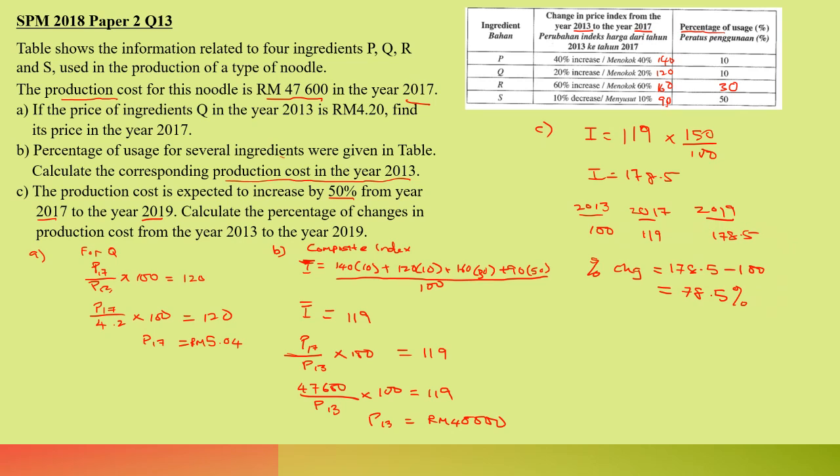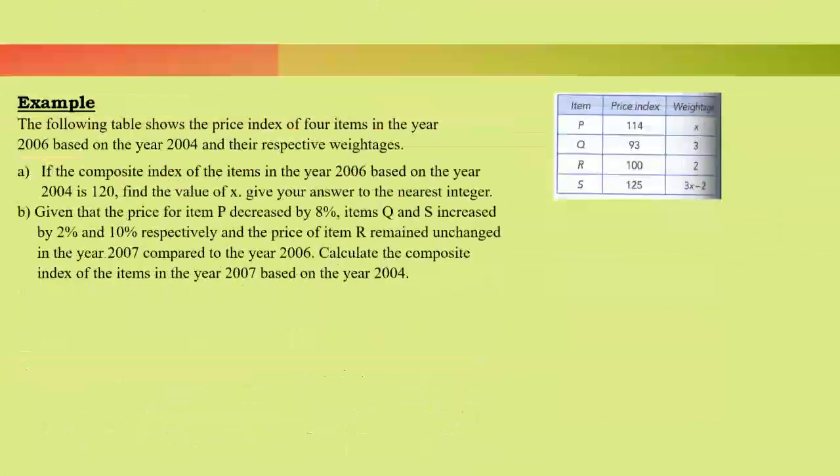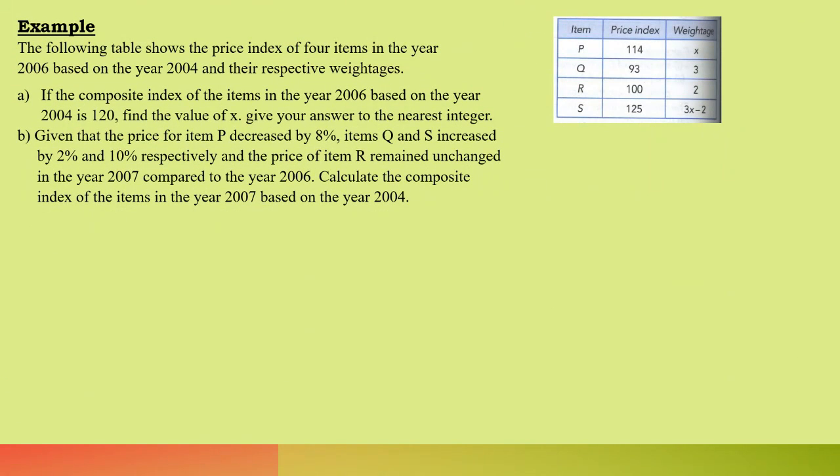Okay, give me a few minutes, just one last question. Okay, you are given the weightage in terms of x. The price index shows 2006 based on 2004. So if the composite index for 2006 based on 2004 is 120, they ask you to find the value of x. So what we need to know is the composite index, which is the formula to multiply your index times your weightage.